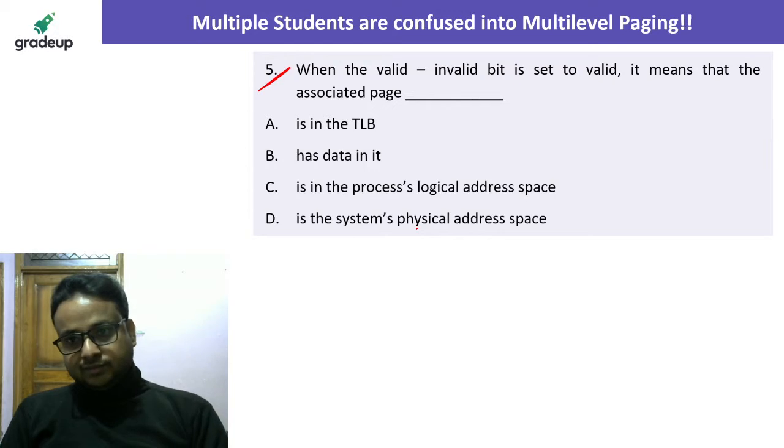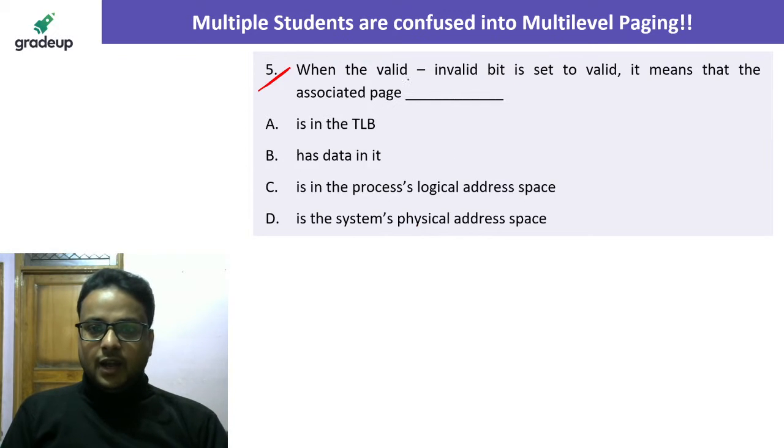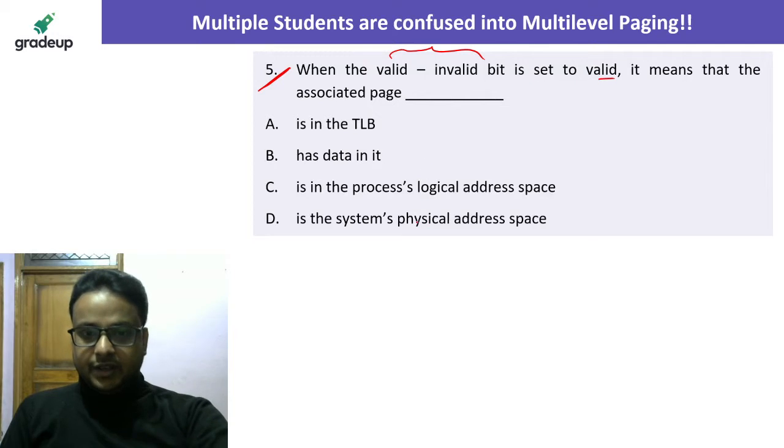So the question is, when the valid invalid bit is set to valid, it means that the associated page is in the TLB, or it has data in it, it is in the process logical address space, or you can say the system physical address space.